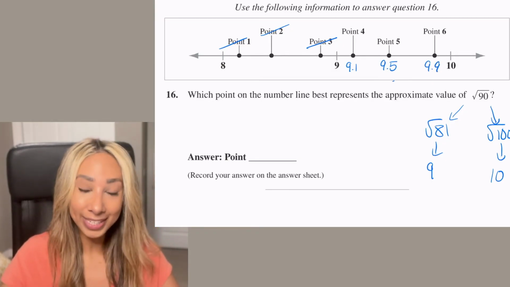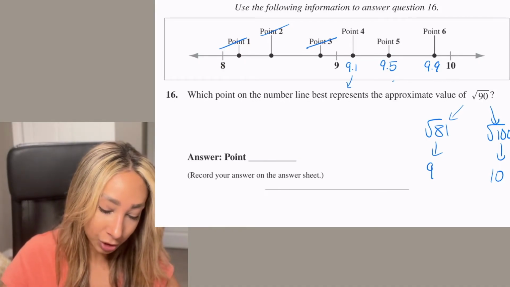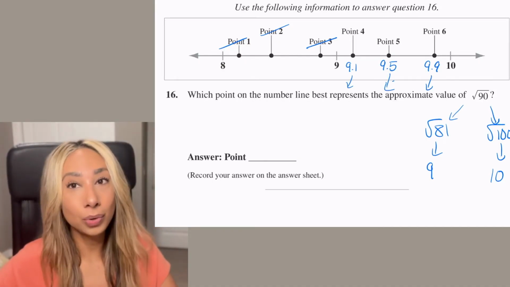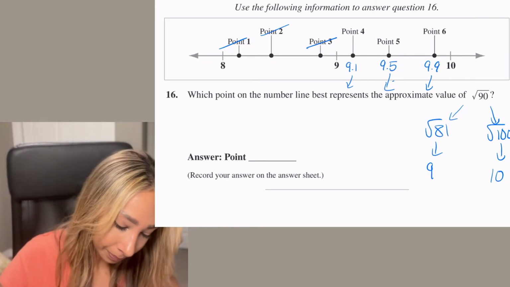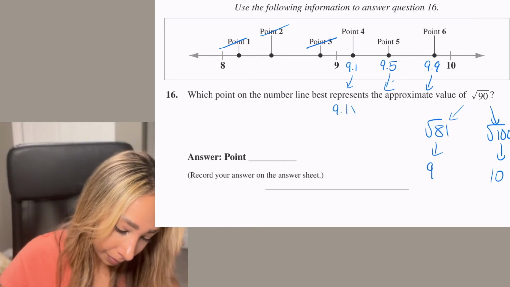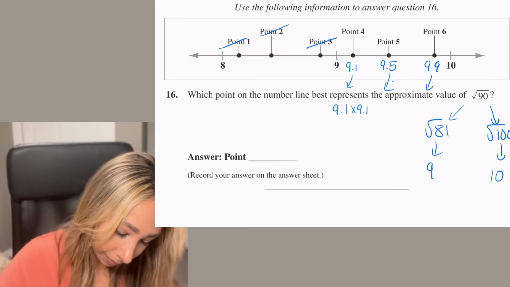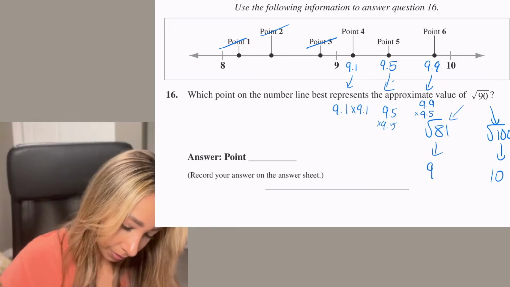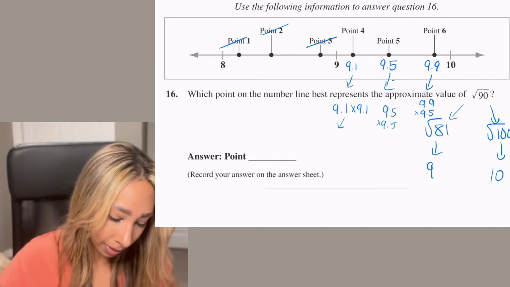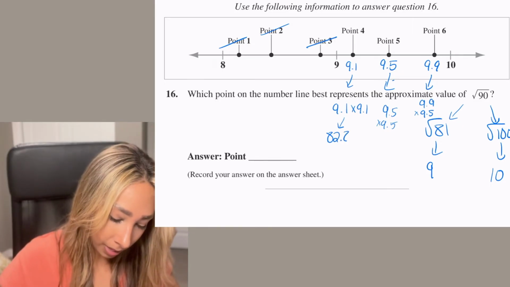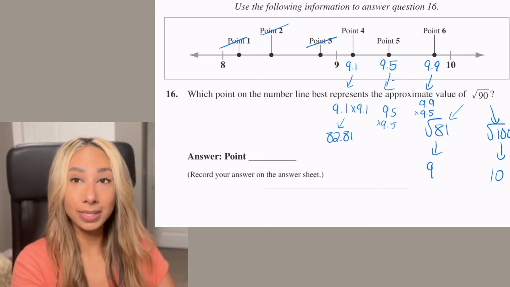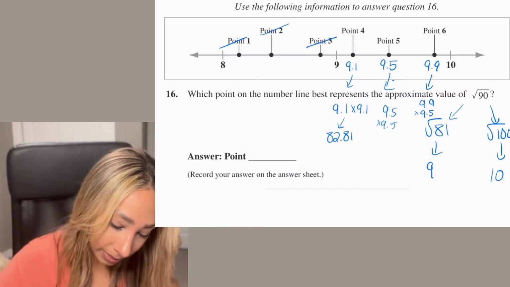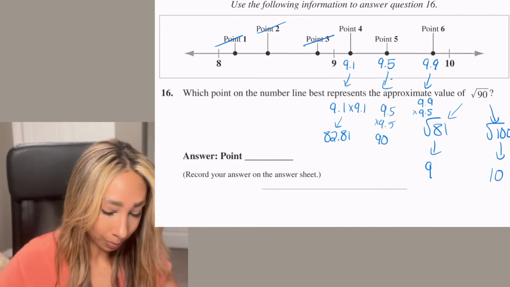Now I can multiply these numbers by themselves and see which one gives me close to 90. 9.1 times 9.1 gives me about 82.81. 9.5 times 9.5, that one's nice, gives me 90.25.